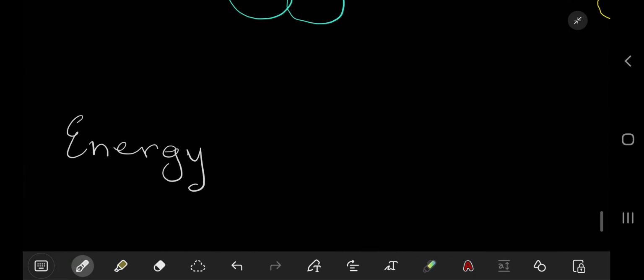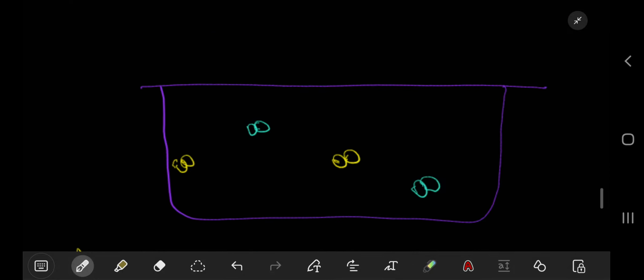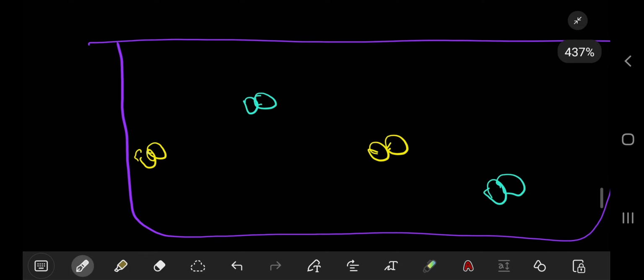So in the initial stages of the reaction, these particles are still combined, okay? So it means extra energy must be absorbed here. And when energy is absorbed, that energy is going to be used to break the bonds between those molecules or those atoms there, okay? So that is the initial stage.